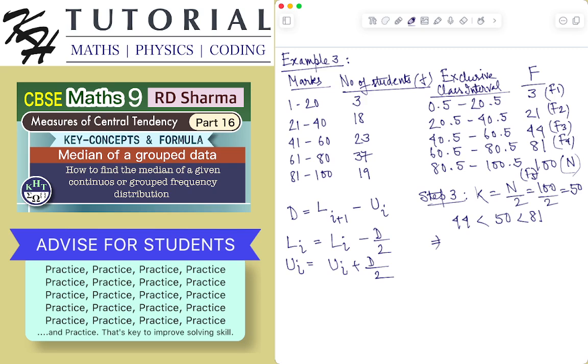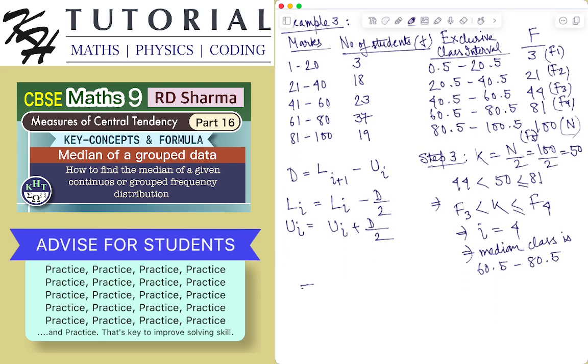This means that 44 is F3, so the value of K or n by 2 lies between F3 and F4. So this implies i is equal to 4. So this implies the median class is 60.5 to 80.5.